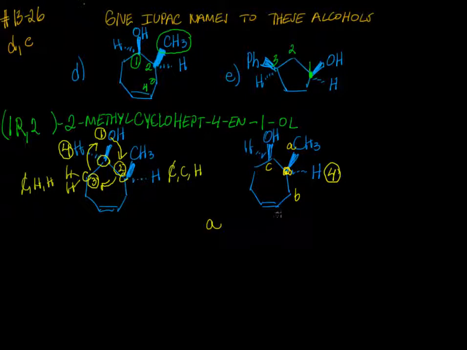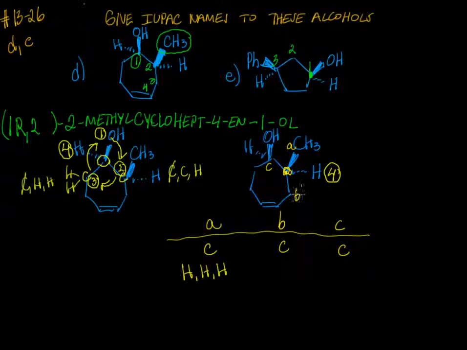And we'll just look at a runoff table here. For the first competition, there's a carbon, carbon, carbon attached to each branch. So it's a three-way tie, and we need to break that tie. So again, let's look at branch A. As we move out from the stereogenic center, there are 3 hydrogens here: H, H, H. For branch B, we've got 2 hydrogens and a carbon.